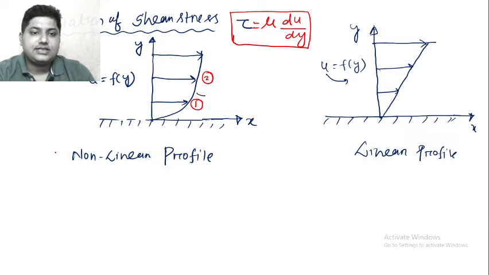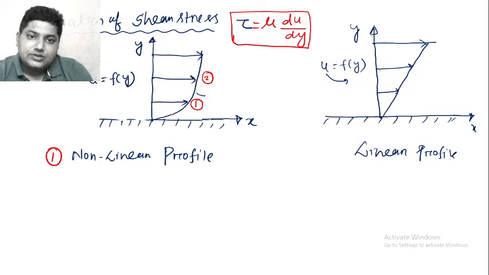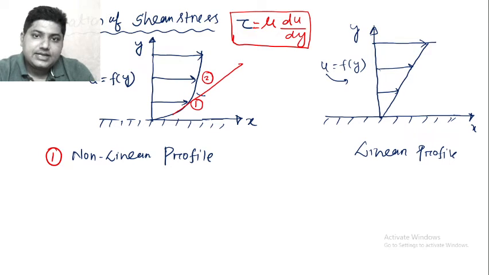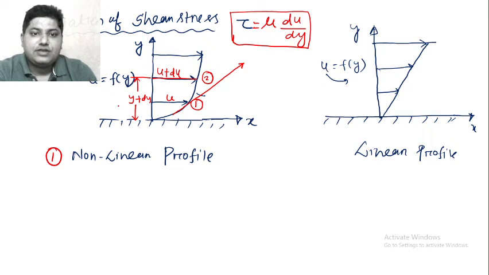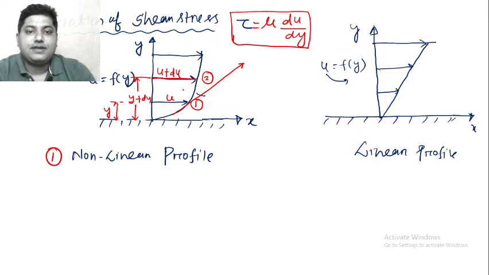We have to understand first this non-linear profile. Now if you draw a tangent at this point, and suppose the second layer is at a distance of y plus dy, moving with a velocity of u plus du, and this first layer is moving with a velocity of u, at a distance of y from the stationary plate.